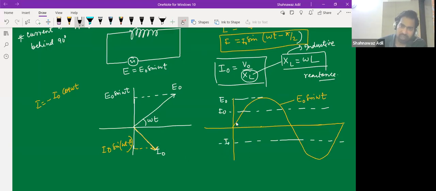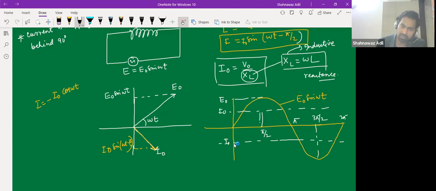And let's say this is pi by 2, this is pi, this is 3 pi by 2, and then this is 2 pi. So minus I naught cos omega t. If t is 0, then this is minus 1.